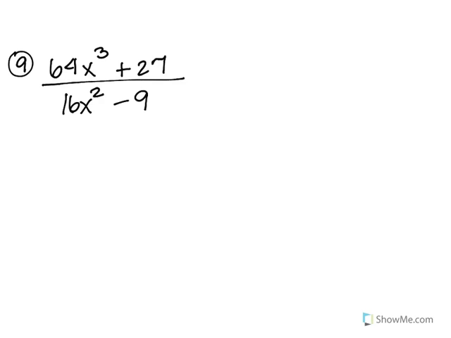Number 9, you have 64x to the third plus 27 over 16x squared minus 9. Now that's a sum of cubes on top and a difference of squares on the bottom. So we're going to factor.